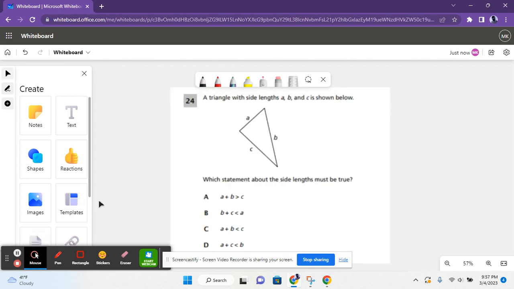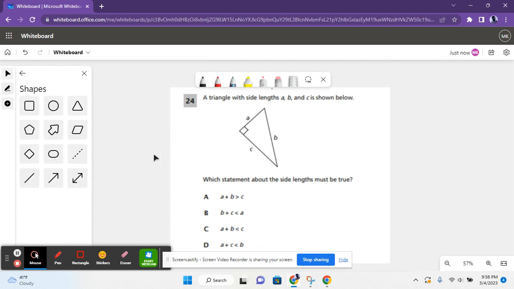For question 24, it says a triangle with side lengths A, B, and C is shown below. Which statement about the side lengths must be true? So here we have a right triangle, and I can tell that it's a right triangle because of this angle. It has a square that you could make from its angle, so it must be a right angle.